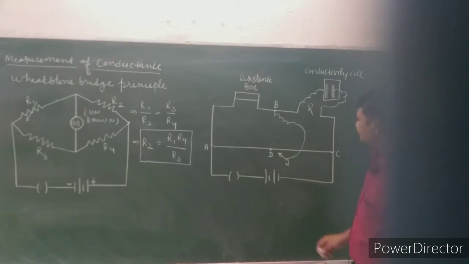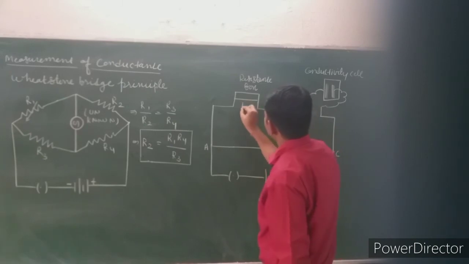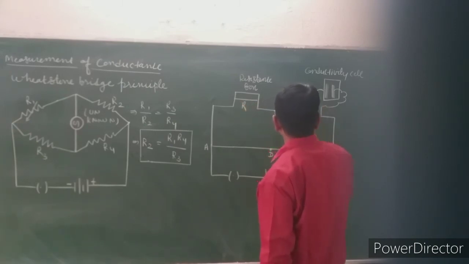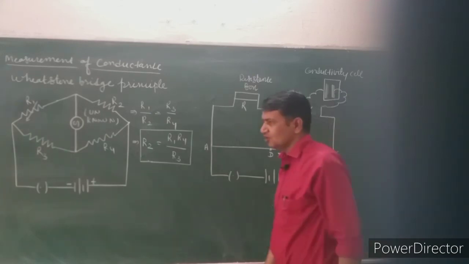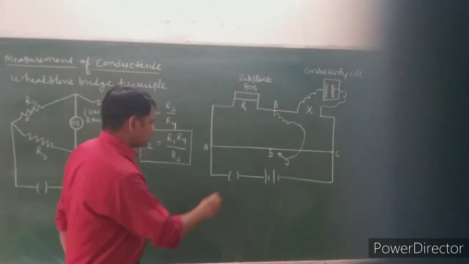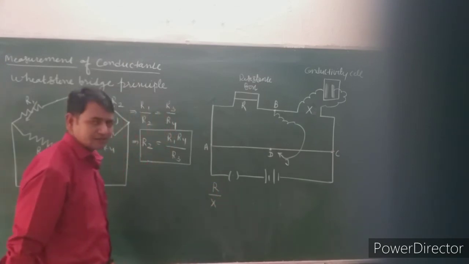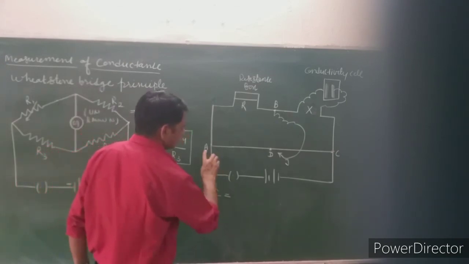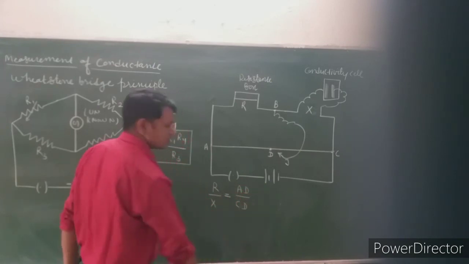Suppose this is the fixed resistance R and this is the unknown resistance X. The ratio of the known resistance R and the unknown resistance X is equal to the length AD upon the length CD.